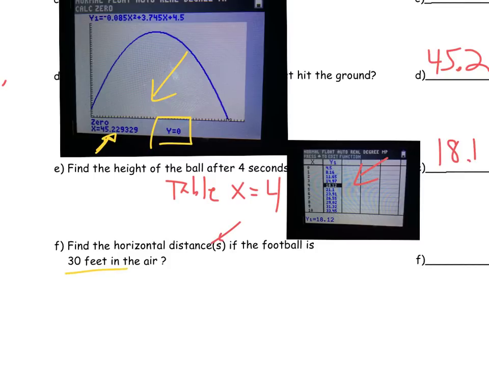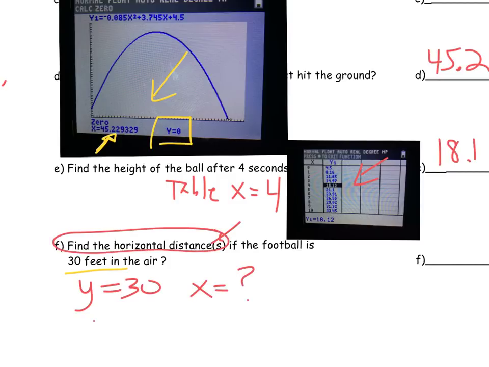And then finally, find the horizontal distance or distances when the height of the football is 30 feet in the air. So here they're telling you y is equal to 30 because y represented the height, and we need to find the horizontal distance, we need to find the x. Anytime you are given a y value and you need to find an x value, the best way to do that is to graph the y value.